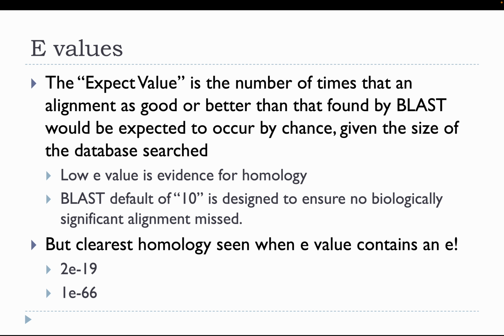I'm going to just pause for a second here. Has anyone got any questions or comments? When you say the default value is 10, is that the highest? I'm a bit lost on that bit. Yeah, so 10 and below, in a sense.